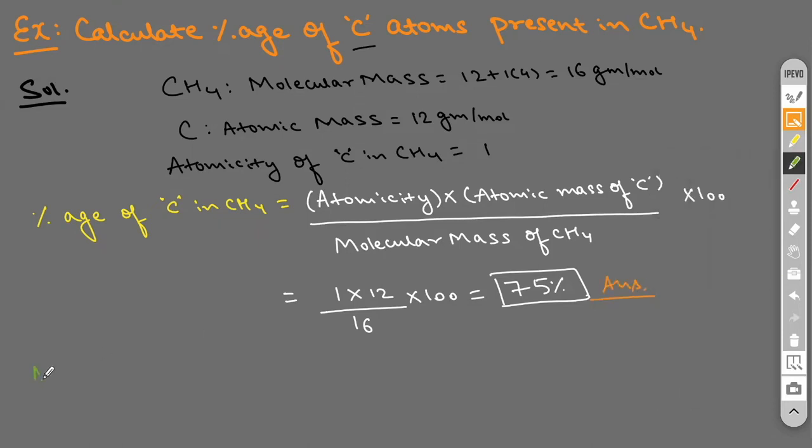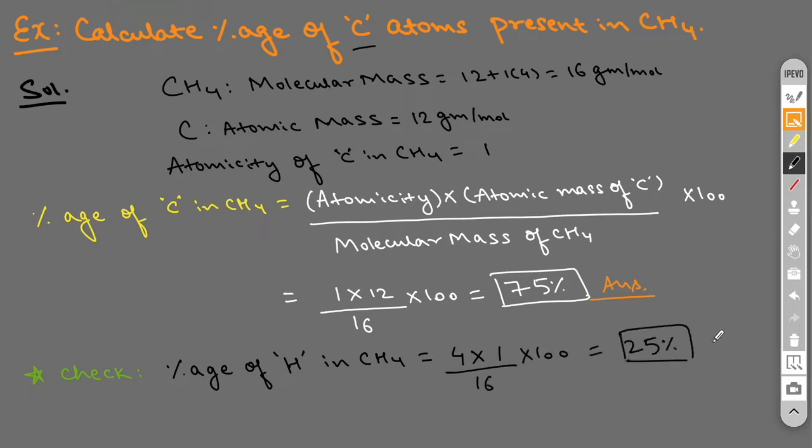Now one more thing, we will check if this answer is correct or not. So we'll write here, this compound CH4 is composed of C and H atoms. We have calculated percentage of C, now we'll calculate percentage of H in CH4. So basically atomicity, which is 4 multiplied by atomic mass, which is 1 divided by 16 multiplied by 100.